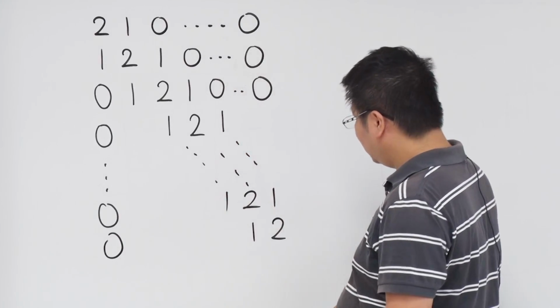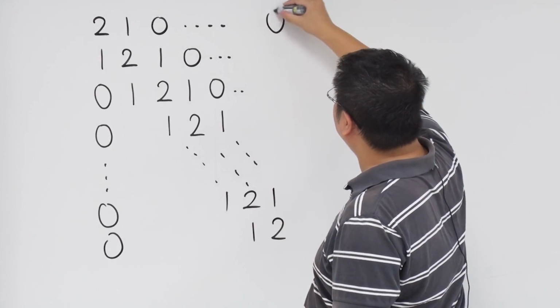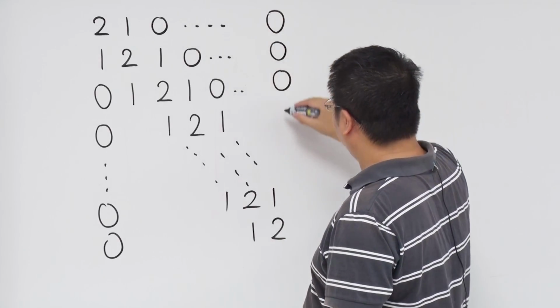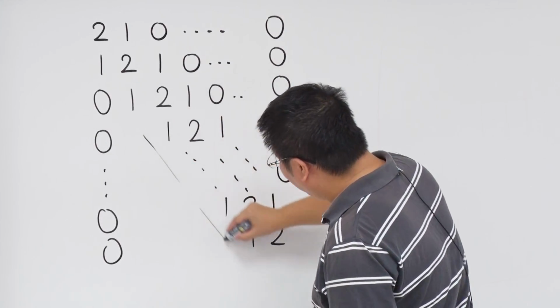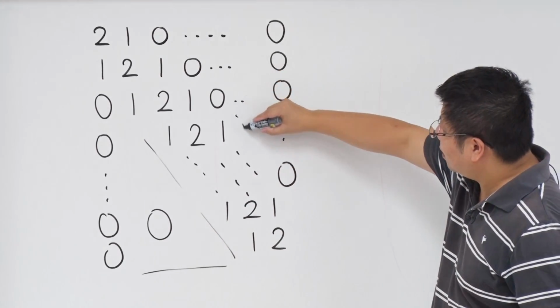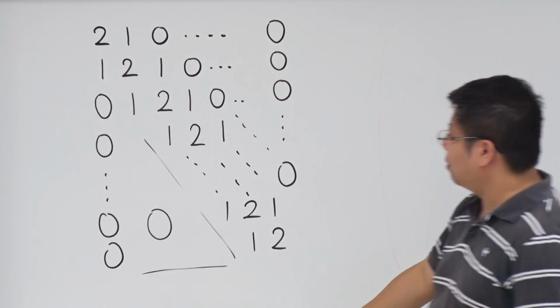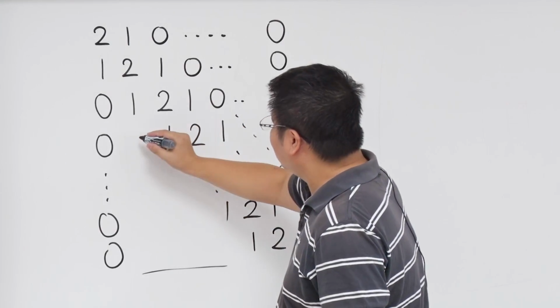2. Okay. Imagine we have a matrix like this. These parts are all zeros. Okay, maybe I'll just write down these zeros here.